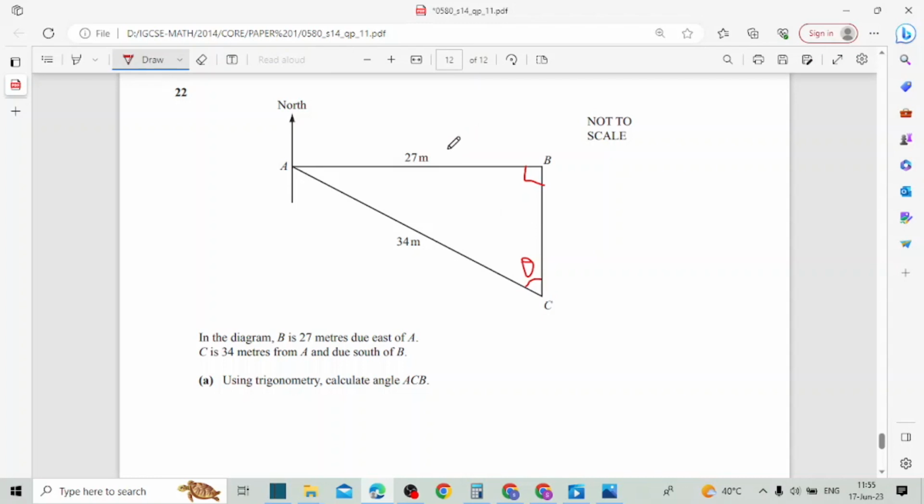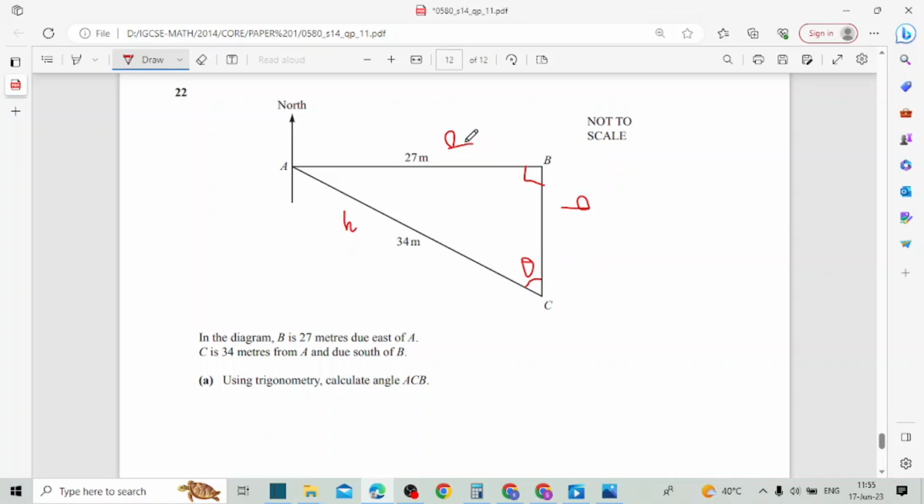Now, this is the perpendicular, and this is the base, and this is the hypotenuse. The slanting one is the hypotenuse. The straight line is the perpendicular, and the horizontal line is the base.